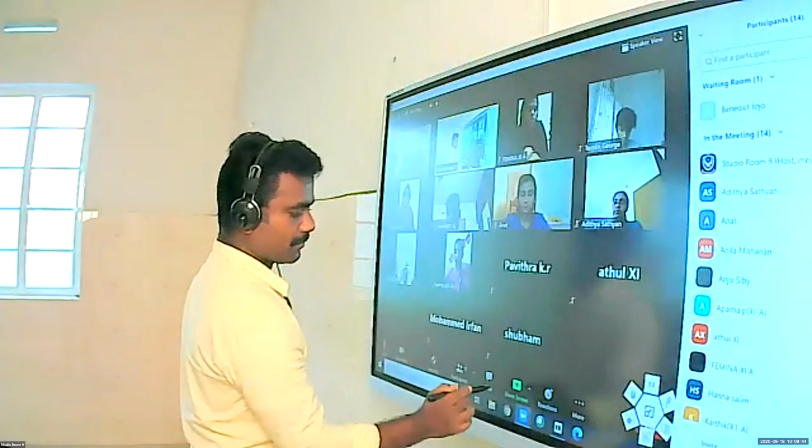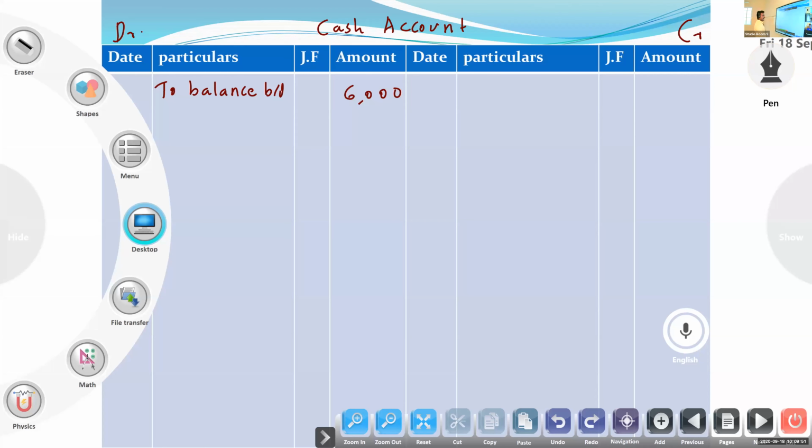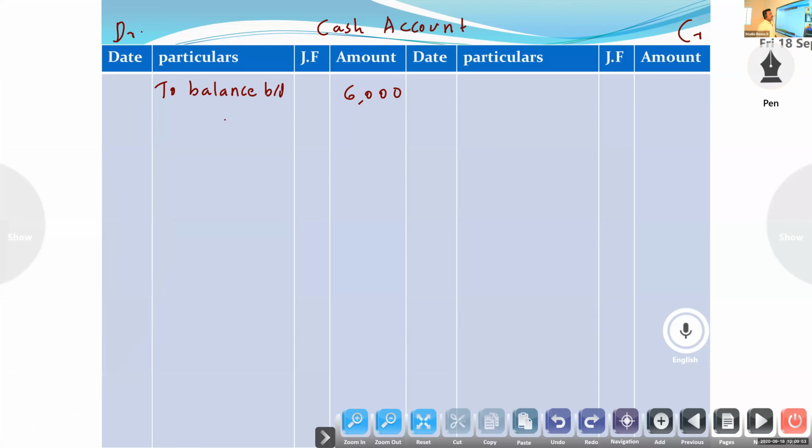Now we are continuing the same problem. Cash account. So we said if it is an opening entry, first you have to look whether it is asset or liability. If it is asset, that will be debit balance.